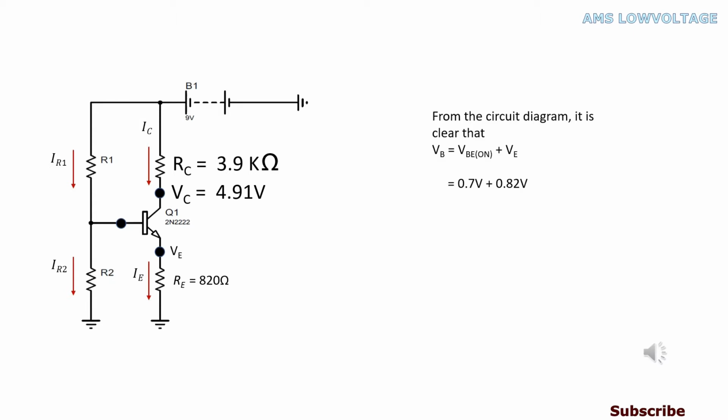From the circuit diagram, it is clear that VB equals VBE on plus VE. We know the transistor VBE on equals 0.7 volts, and from previous calculations, we've got VE equals 0.82 volts. And we finally have got VB equal to 1.52 volts.